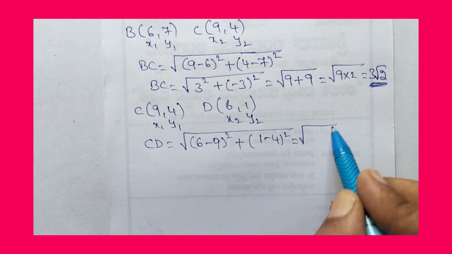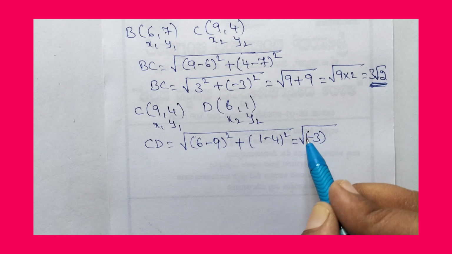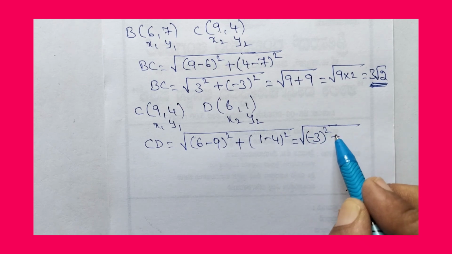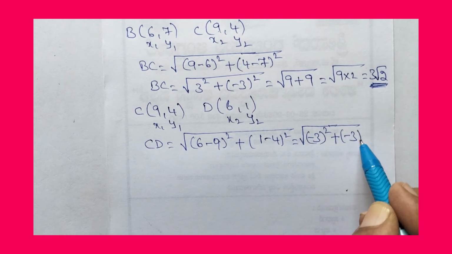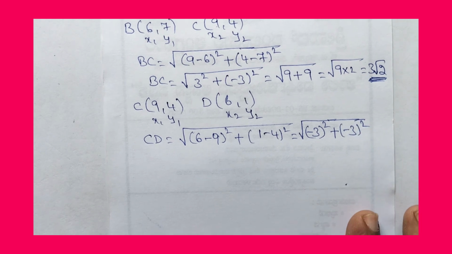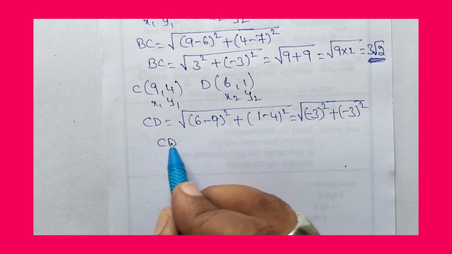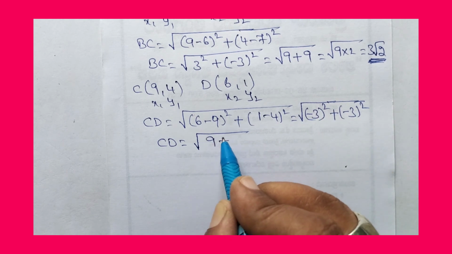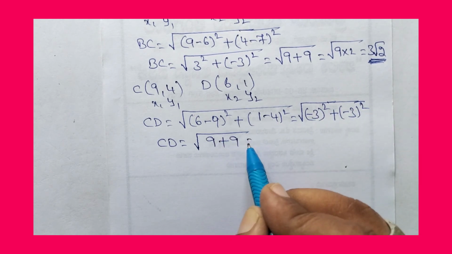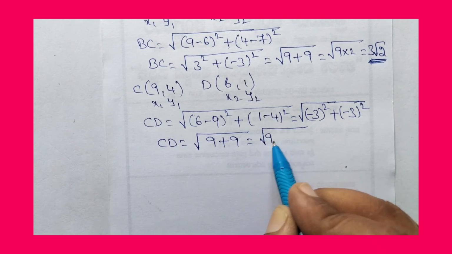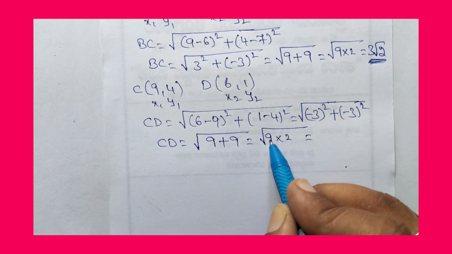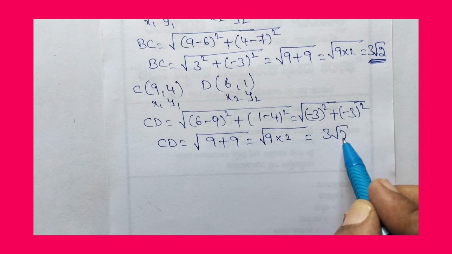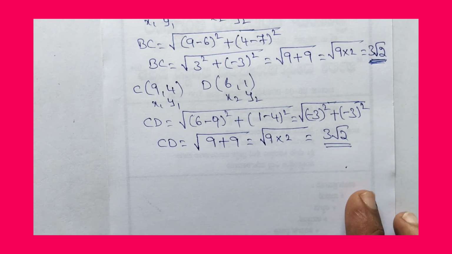That is equal to square root of 6 minus 9 is minus 3 whole square plus 1 minus 4 is minus 3 whole square. So CD is equal to square root of minus 3 whole square becomes 9, minus 3 whole square becomes 9. So square root of 9 how many times? 2 times. So square root of 9 is 3 root 2. So CD also 3 root 2.